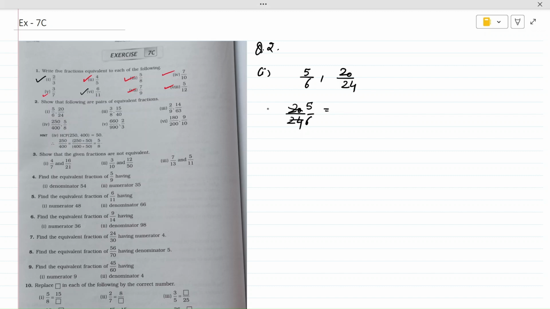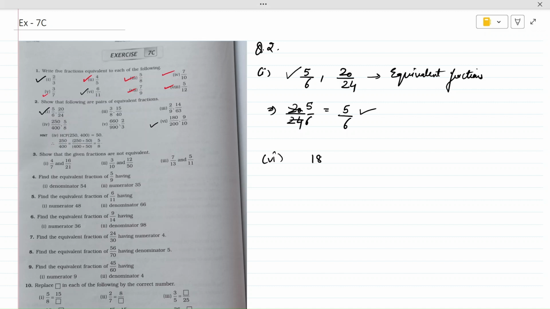So we have simplified this and it has become 5 by 6. One fraction is 5 by 6, and this fraction on simplifying becomes 5 by 6. So both of them are equivalent fractions, because when they are simplified, they give the same values. This is done. Now I'm picking the sixth part, kids.